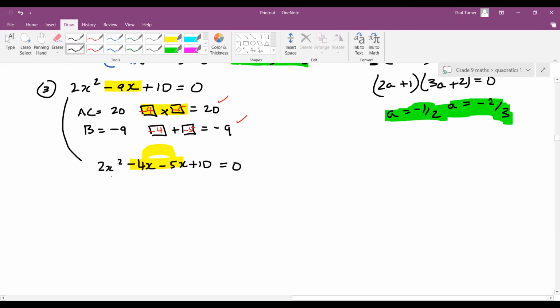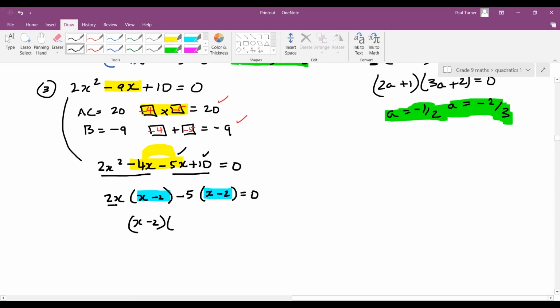Okay. So then we'll factorize our two groups, 2x squared and minus 4x. So that would be 2x. We'll have x minus 2, minus 5 here, x minus 2 here. So just check that's okay. Minus 5x, minus 5 times minus 2 is 10. So looking good. So now factorize out your common factor, x minus 2 here.